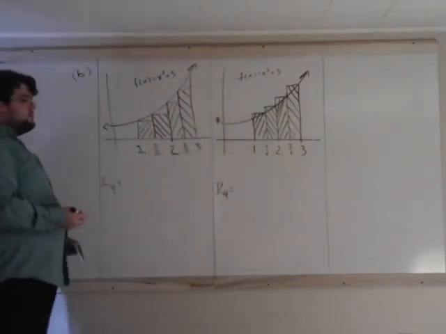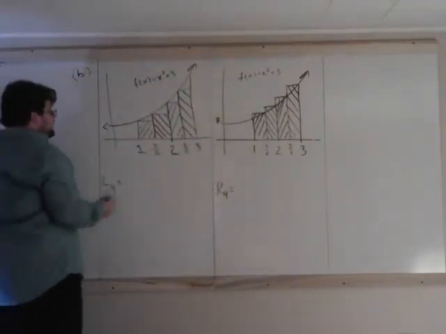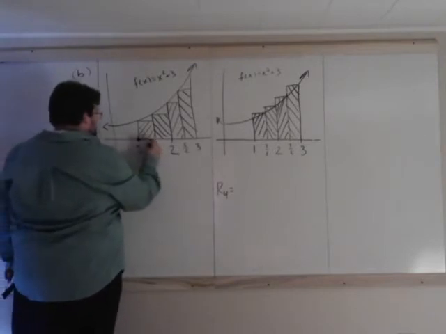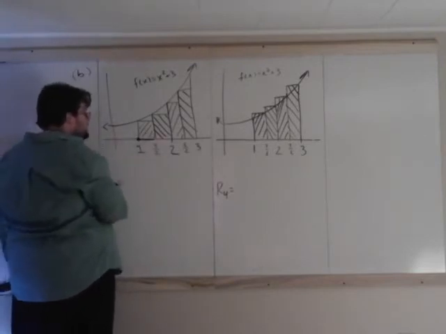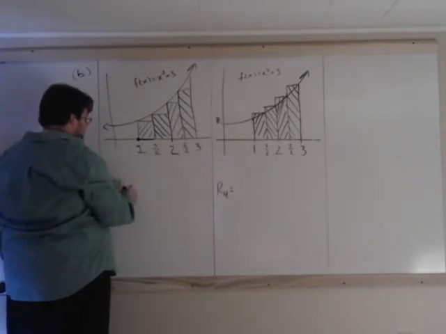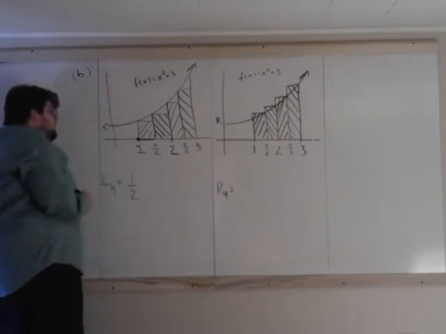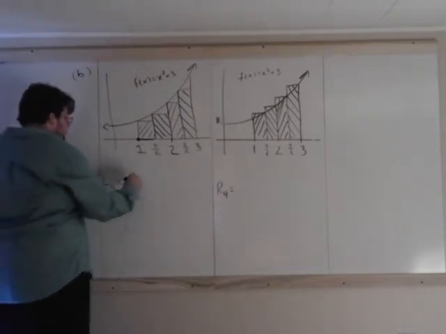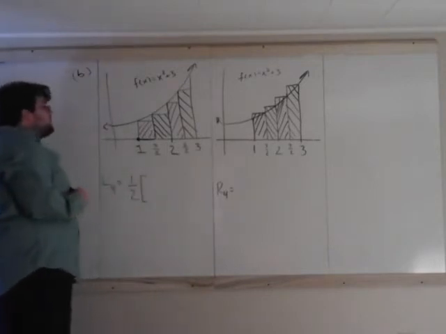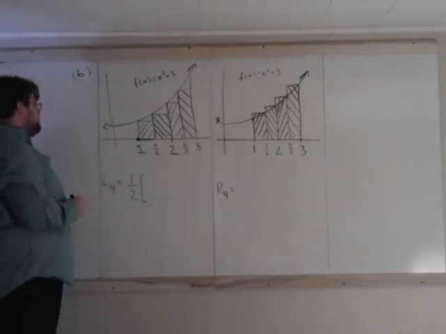And now all we have to do is add areas together. So our first observation is that the base of all of these rectangles is 1/2. So we'll write a half, and then we'll add all of the heights together.